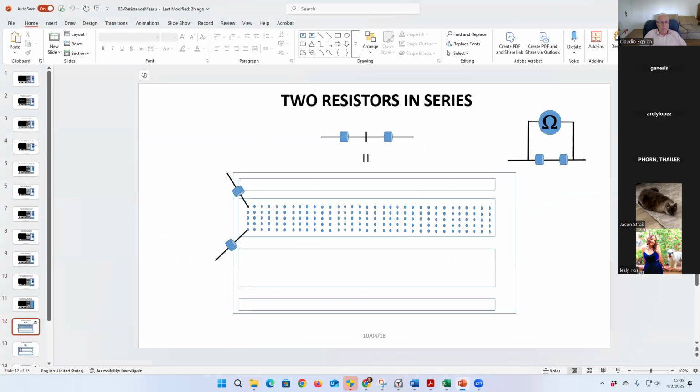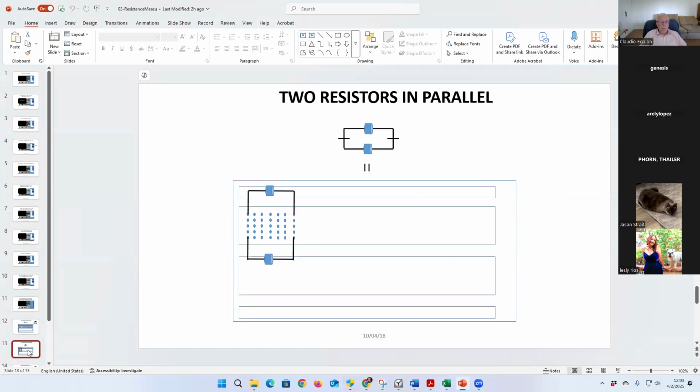By using this configuration right in here, I connect one end of the multimeter to this lead and the other end to this other lead here to measure the equivalent resistance. Here is the resistors in parallel. Okay?